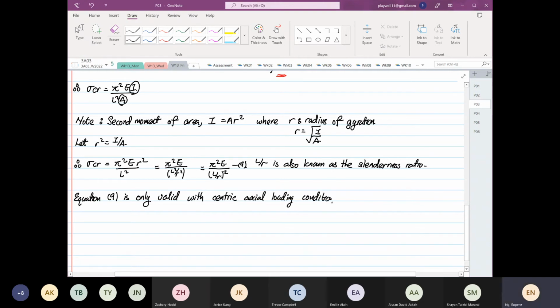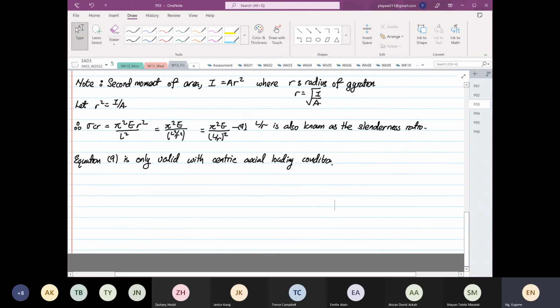Centric loading means if you have a structure like this, and this is your centroid, your load is applying on the centroid.